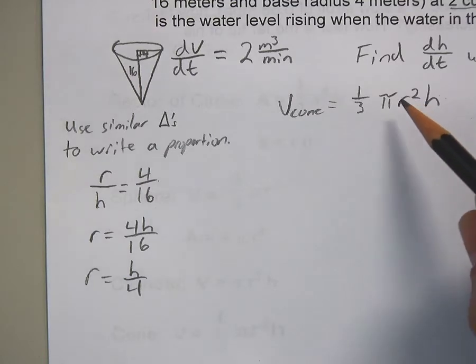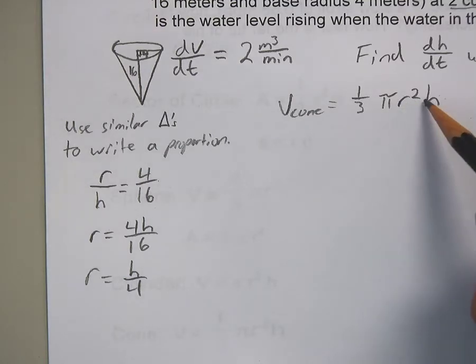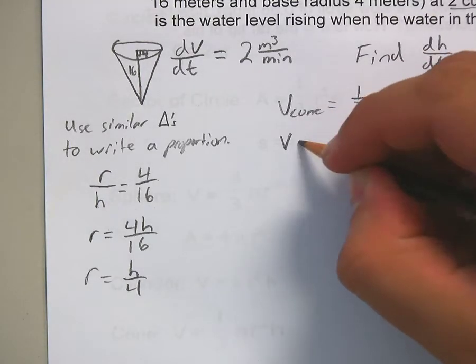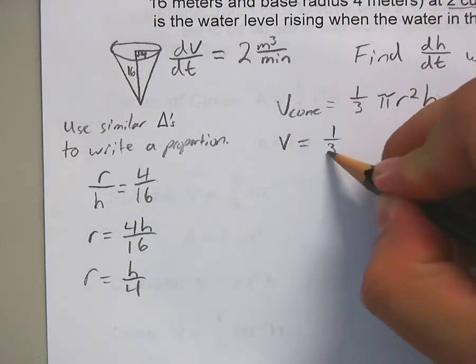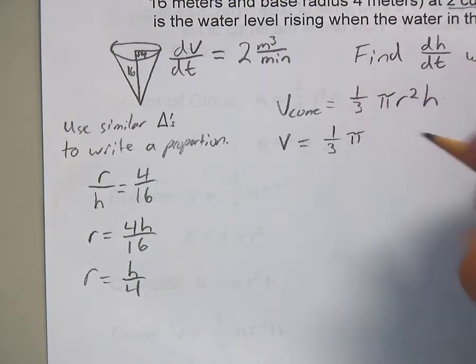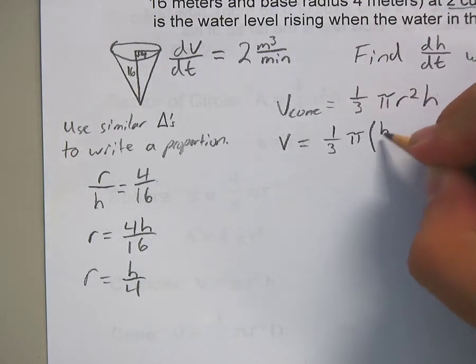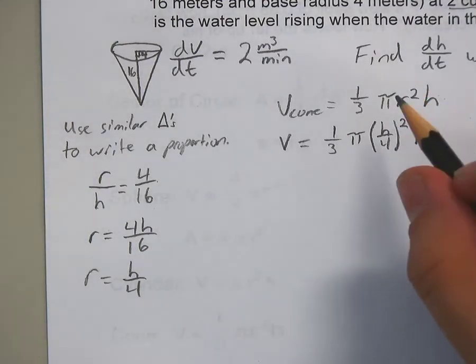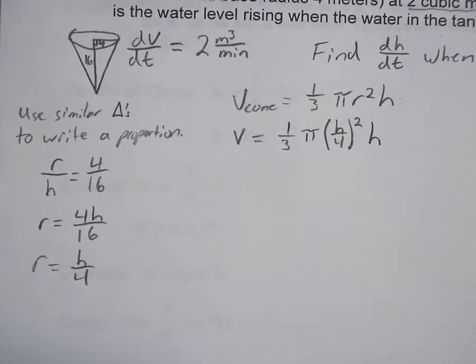So I'm going to express my radius in terms of h. So here's what we're going to have. Volume is going to be 1/3 pi times h over 4 squared times h. So instead of r, I'm going to have h over 4, right?